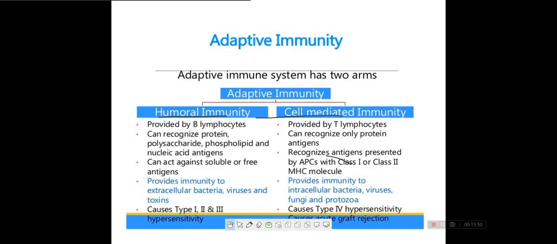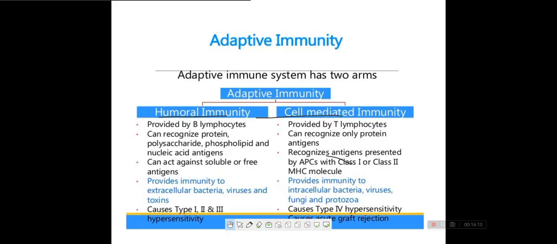Humoral immunity is controlled by B cells and cell-mediated immunity is controlled by T cells. Clear? So remember this, humoral immunity is controlled by B cells and cell-mediated immunity is controlled by T cells.